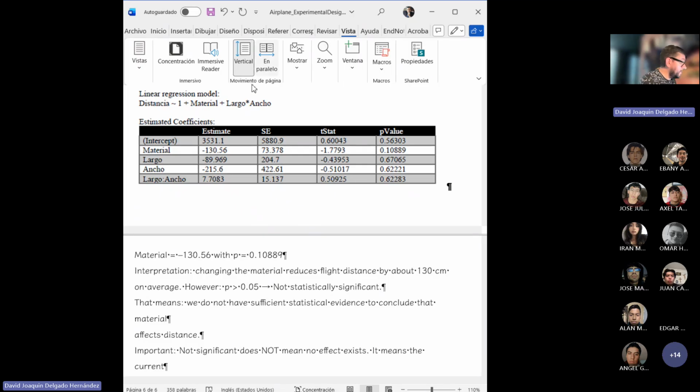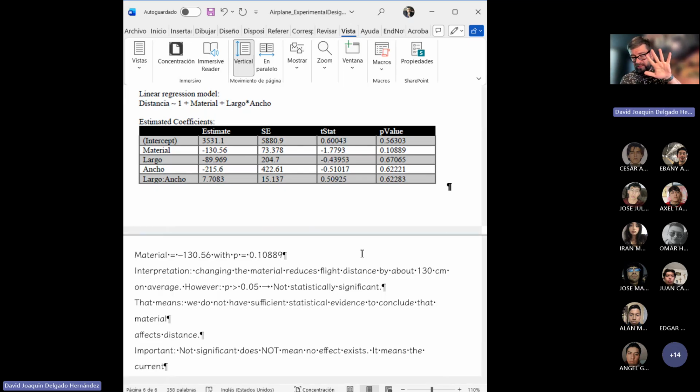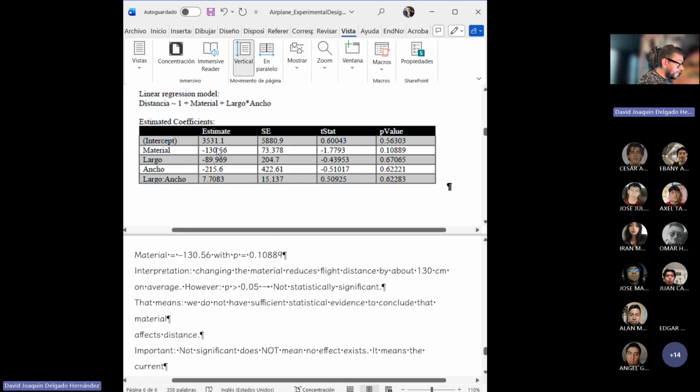For instance, the first airplane will fly 5 meters, let's suppose, and just by changing the material, the following airplane will fly 3.70 meters, which is 1 meter and 30 centimeters less than the first one. That is the meaning of this coefficient.